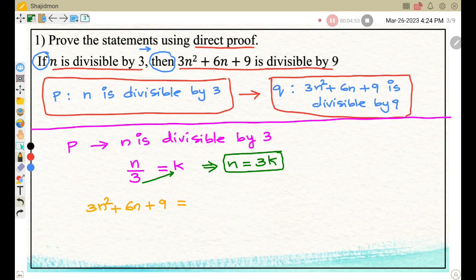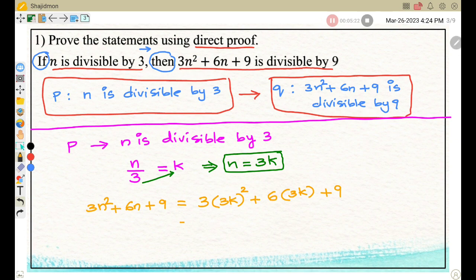So 3n square plus 6n plus 9 equals 3 multiplied by, apply the n value here. What is n? 3k, correct? We wrote here n equals 3k. So apply n square, that means (3k) square, plus 6 times n, n means 3k, plus 9. So 3 multiplied by (3k) square plus 6 times 3k plus 9.